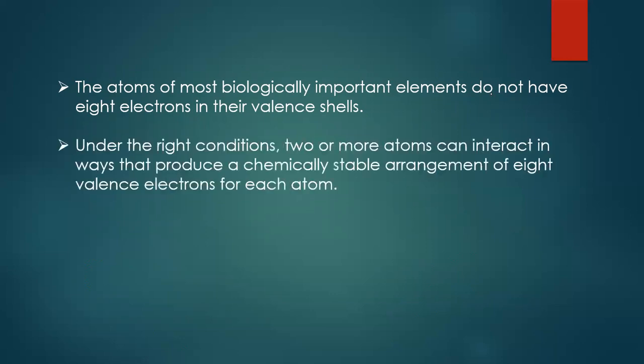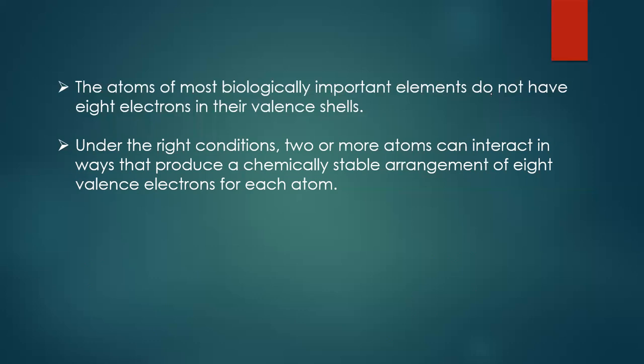The atoms of most of the elements that we use in biology, that are combined or bonded with other elements to form compounds, usually do not have 8 electrons in their outermost shell. So under the right conditions, 2 or more atoms can interact in ways that produce a chemically stable arrangement of 8 valence electrons for each atom.